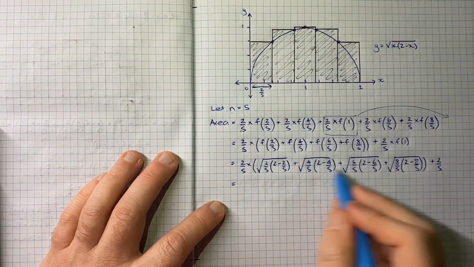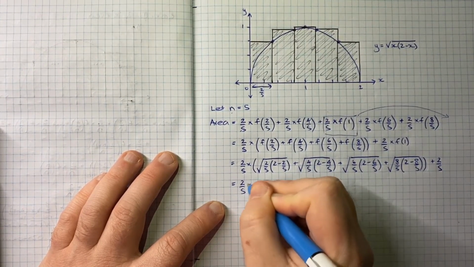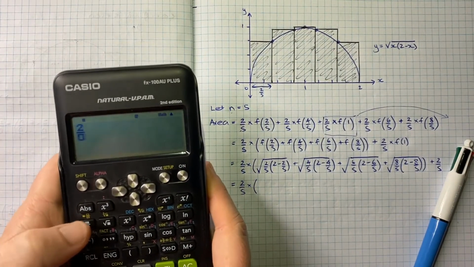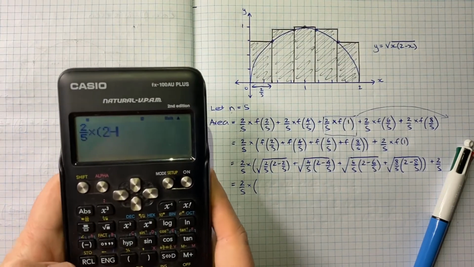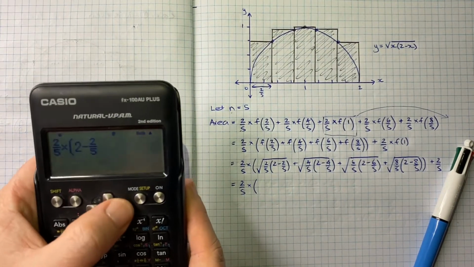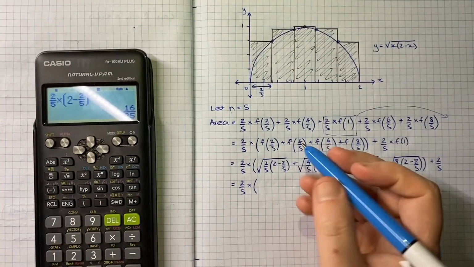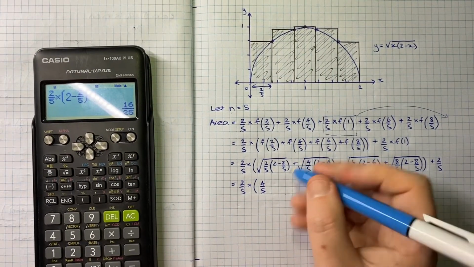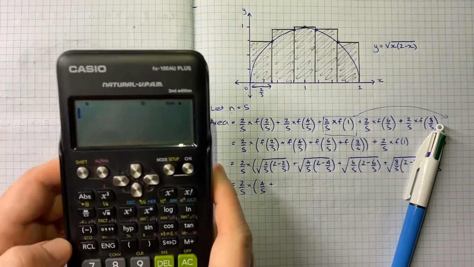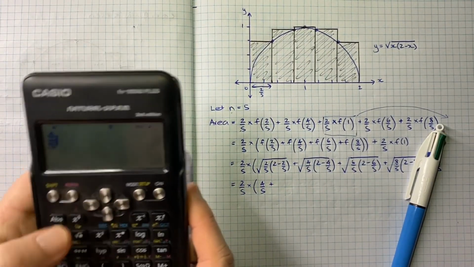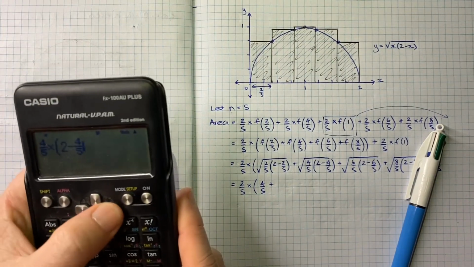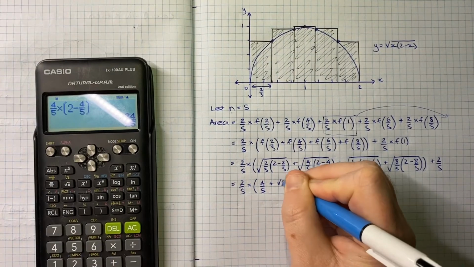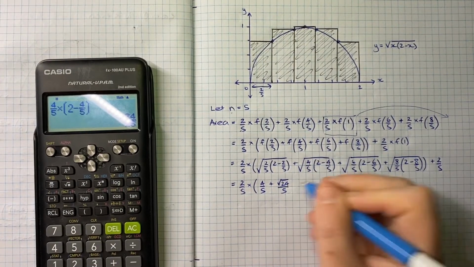If I simplify these square roots, we'll get 2 on 5 times, let's key this in, 2 on 5 times (2 minus 2 on 5). That's the square root of 16 on 25, which is really just 4 on 5. And then 4 on 5 times (2 minus 4 on 5) is the square root of 24 on the square root of 25, which is just 5.